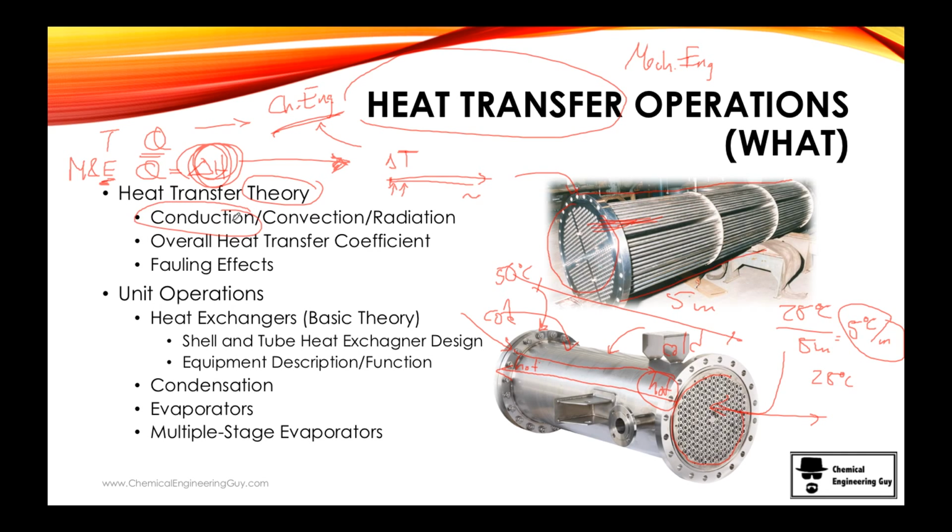We have three very famous heat transfer mechanisms. Conduction is direct contact of a solid with another solid. This is common in the lab, where you have a beaker on a heating plate, with direct contact of the metal plate with the glassware. Then comes convection, which is a little more interesting.